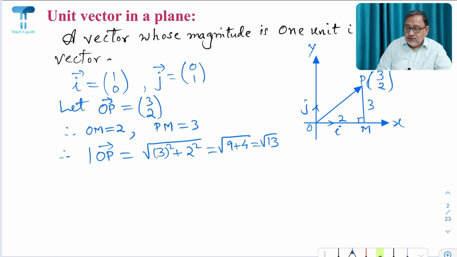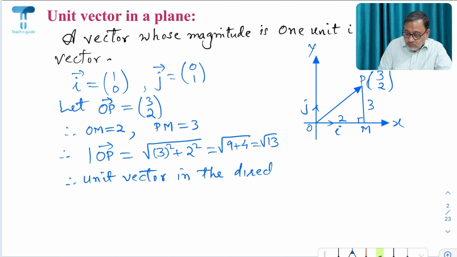Now the unit vector in the direction of OP is equal to vector OP divided by its own magnitude, the magnitude of OP. Please remember this rule.